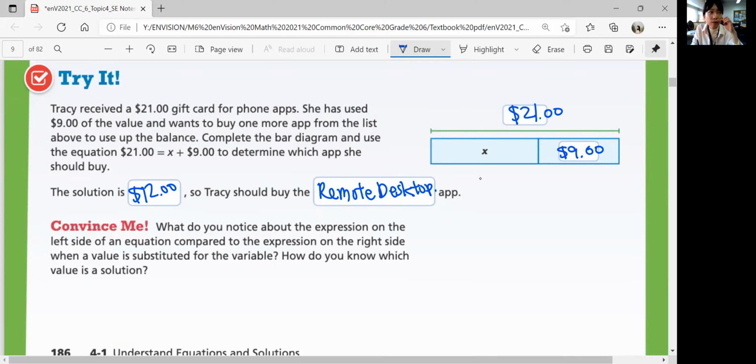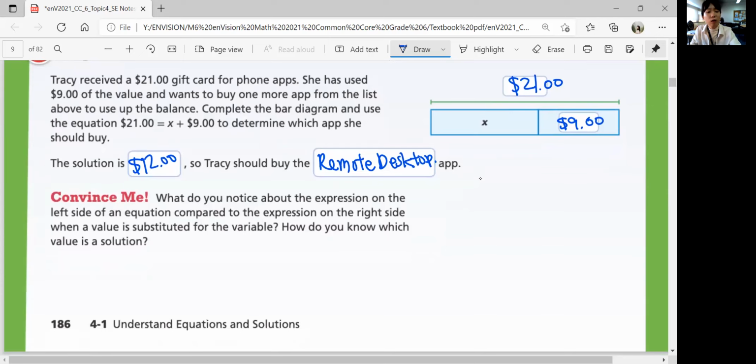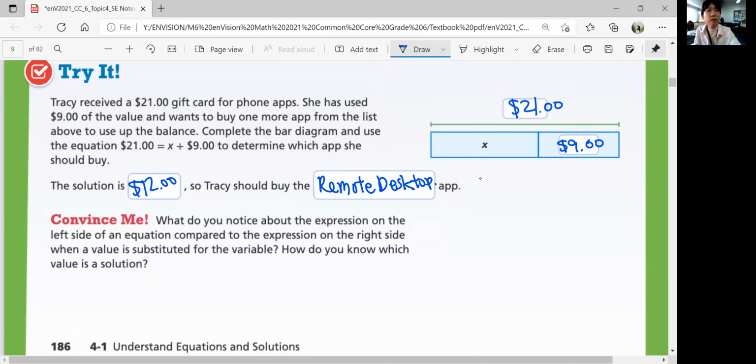Okay, convince me. What do you notice about the expression on the left side of an equation compared to the expression on the right side when a value is substituted for the variable? How do you know which value is a solution? So how are the left side and the right side related?